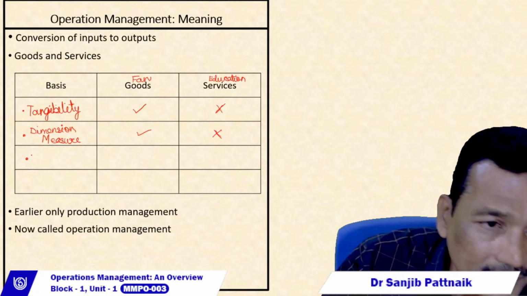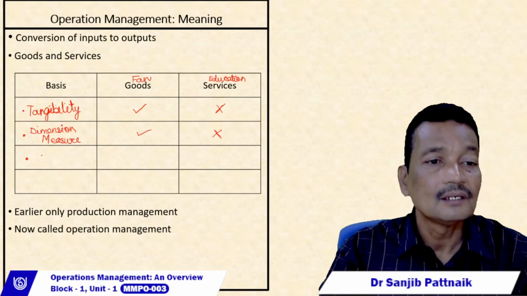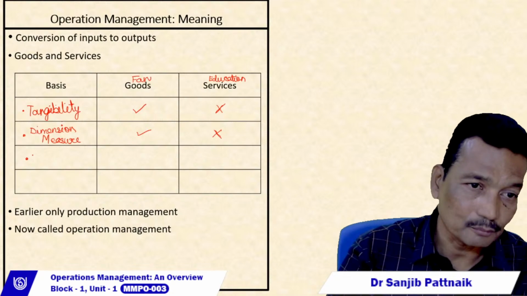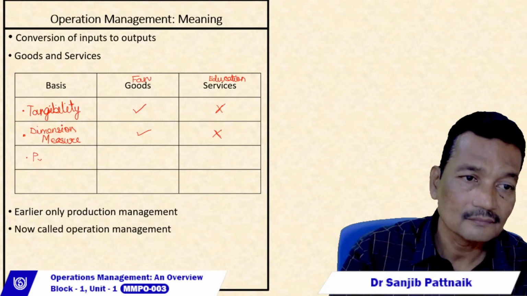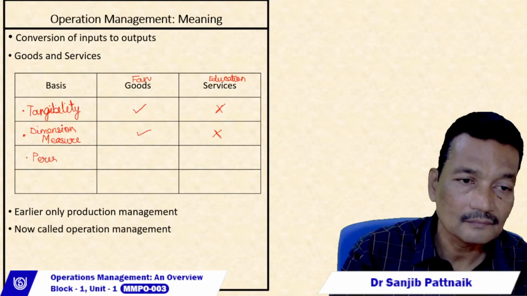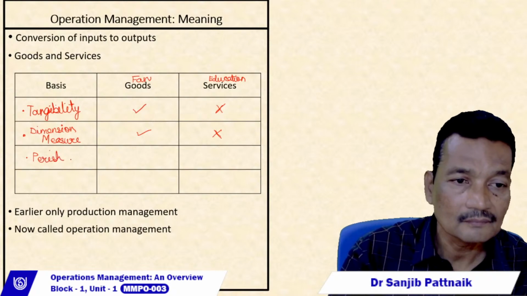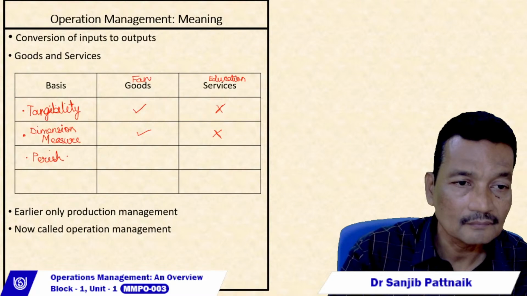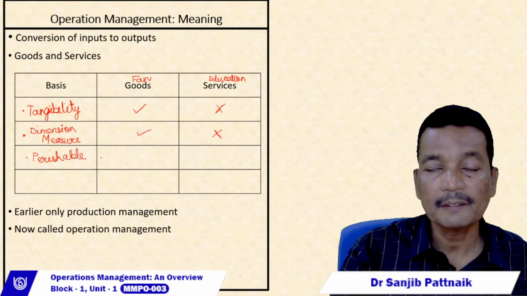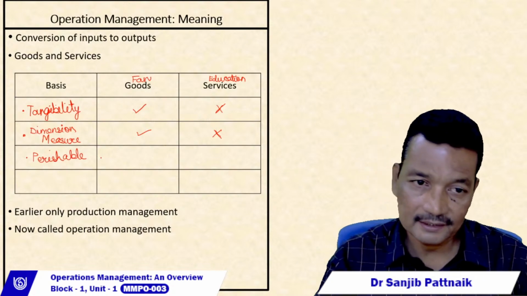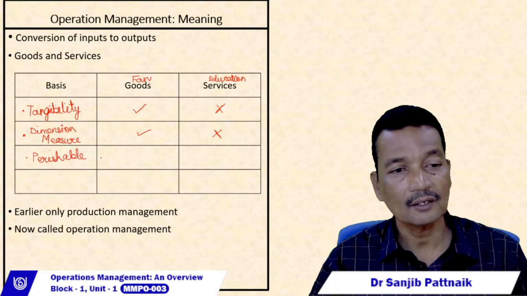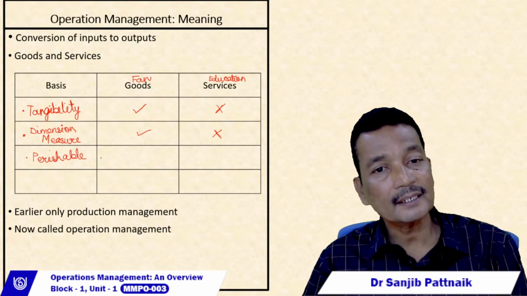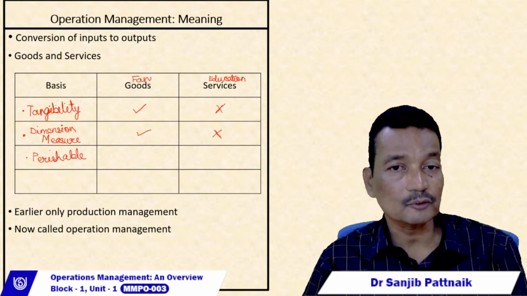Another aspect we take is perishability. Perishable means it gets spoiled. Think about agricultural products, suppose mango.